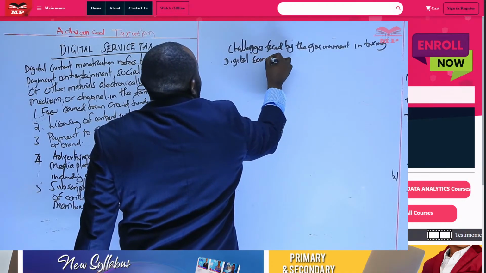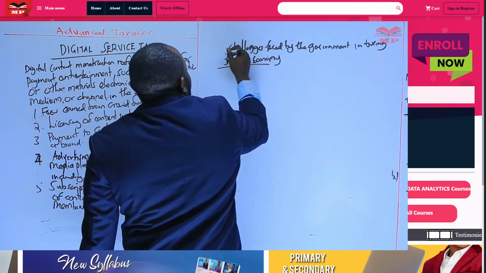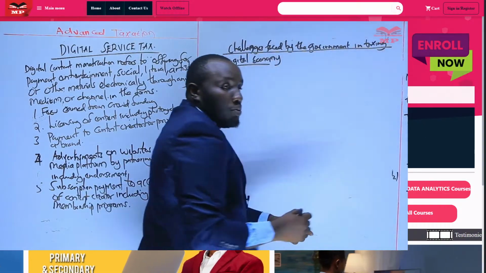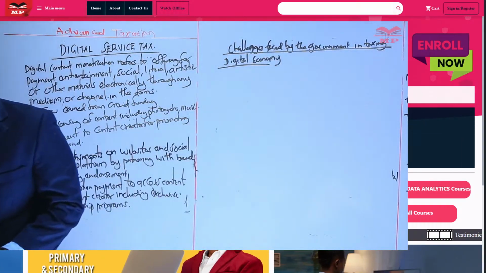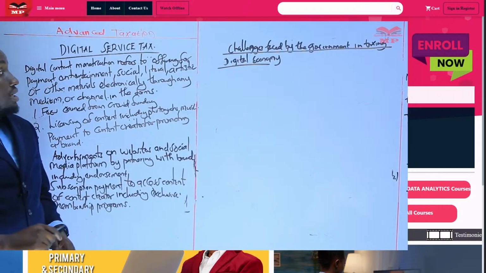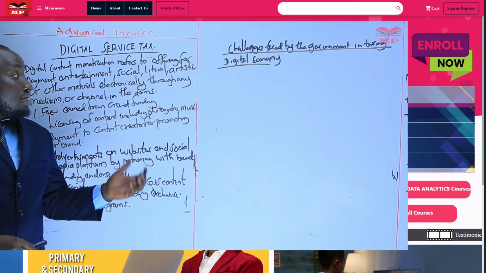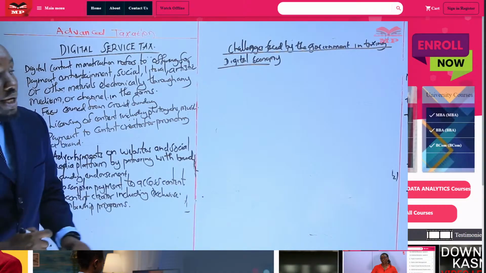What are some of the challenges that government face in their quest to tax what we call the digital economy?